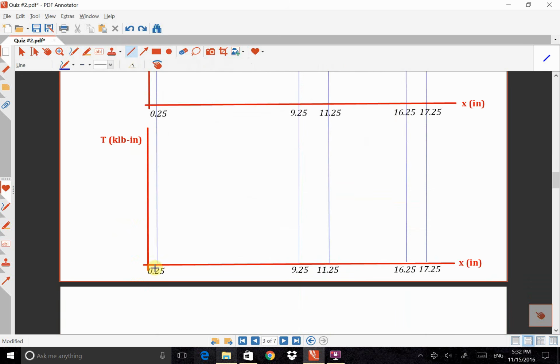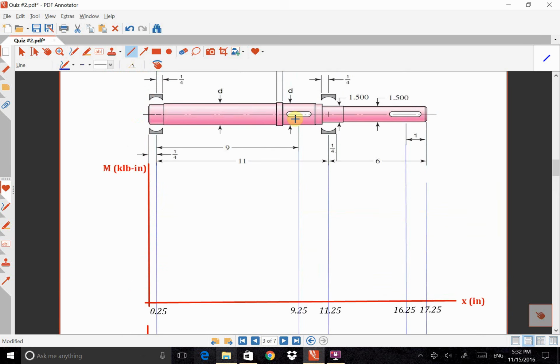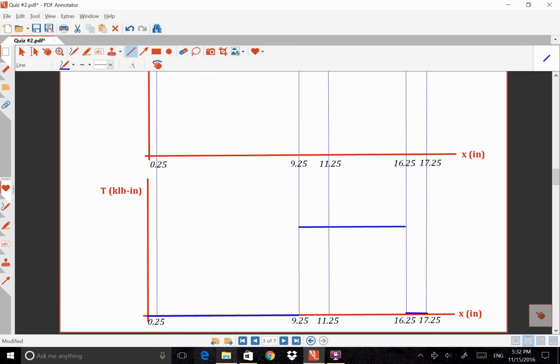So torsion will be 0 from here to the first keyway, and we're going to have some steady torsion from the first keyway to the second keyway, like this, and then again we're going to have 0 torsion to the end of the beam after the second keyway. So we just have some torsion between this point and this point here.